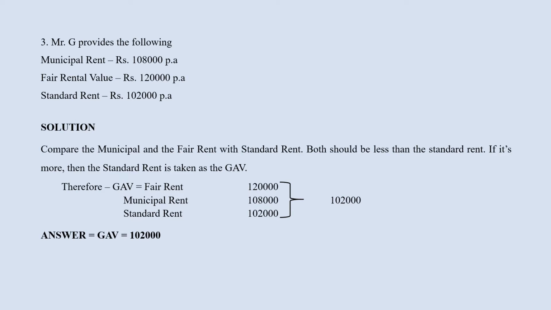So always you need to remember fair rent and municipal rent should be less than the standard rent. Now in this sum, if you see, both the values are actually higher than the standard rent. So in that case, what you will do is the standard rent will become the gross annual value. It should not be higher than the standard rent. Since it is higher, you're going to consider the standard rent as the gross annual value. This should always be remembered.